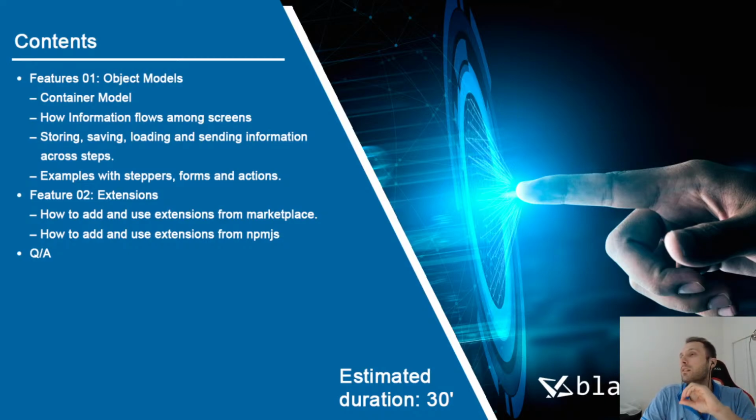The example itself is a stepper. We are going to create an action to create something on the database. And we are going to have 4 steps in which we are going to select something from a table. Then we are going to view that information on another screen. So there's going to be information flowing from one screen to the other, and you can see how you can do that on Blazedpath.